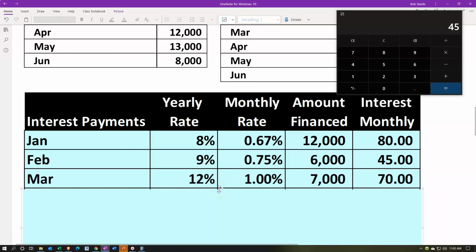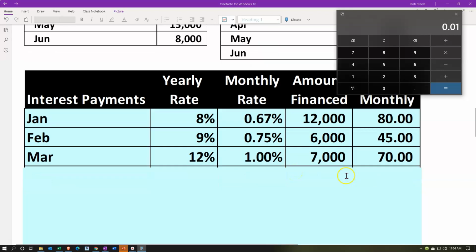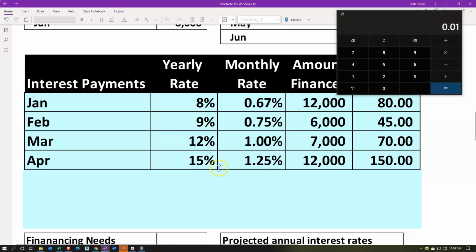Next, we have March. We have the 12%, which is nice because 0.12 divided by 12 gives us exactly 1. So 1% times the 7,000 would give us the 70. And then we have April, which was 15%. So now our short-term rate, we're estimating it to jump up here, which is not good.